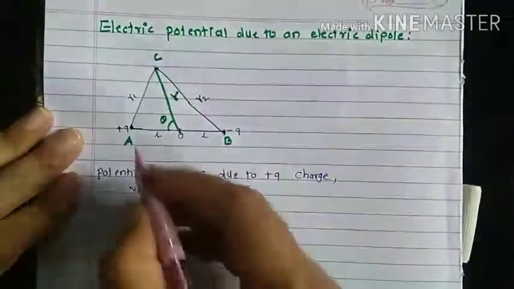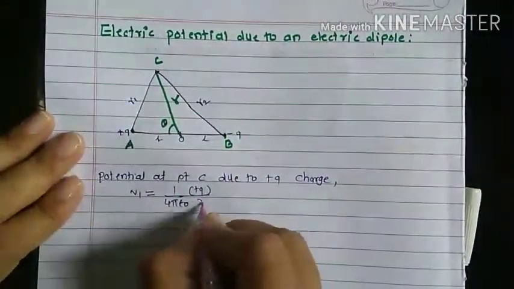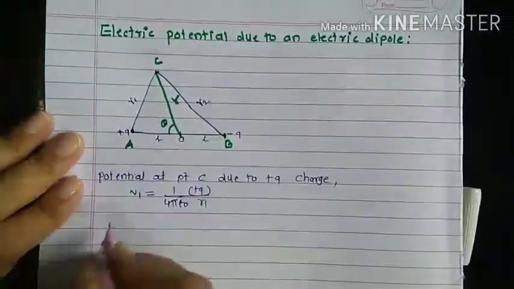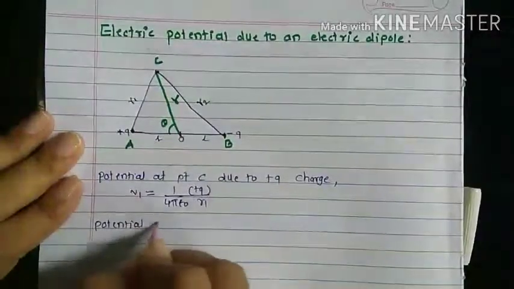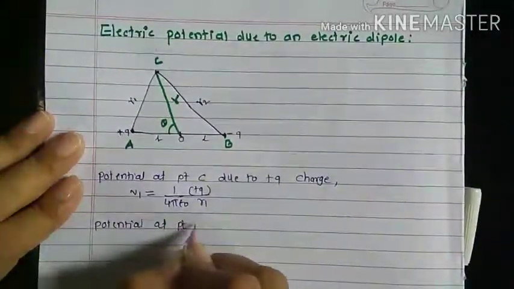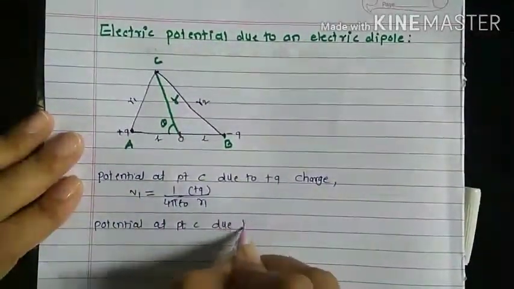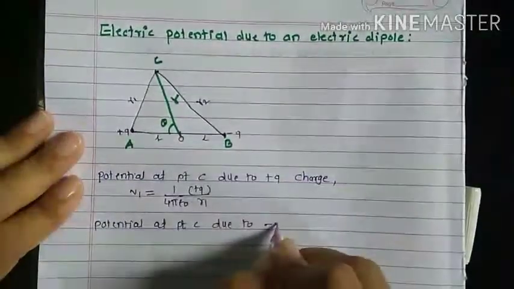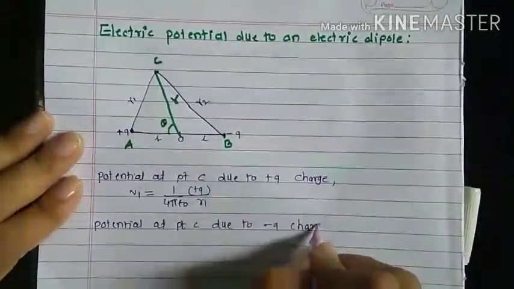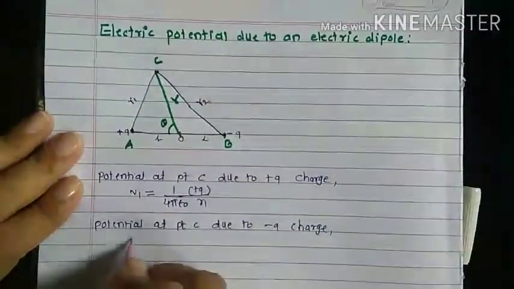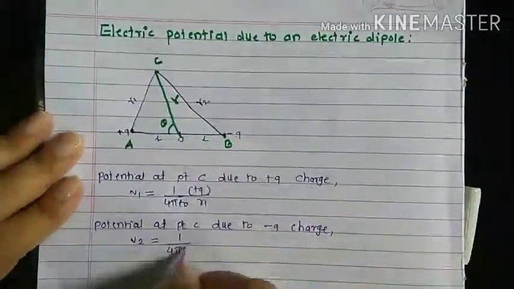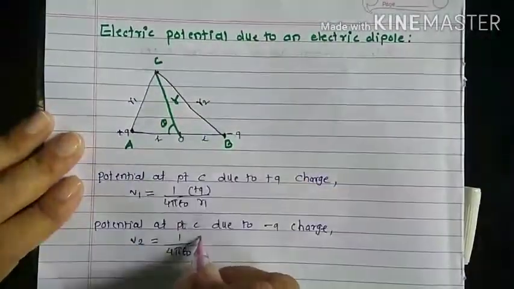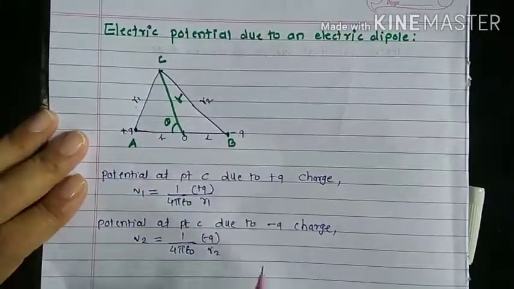What is the distance? The distance between A and C, which is R1. Similarly, the potential at point C due to minus Q charge is written as, suppose V2, equal to 1 upon 4 pi epsilon naught times minus Q upon R2.